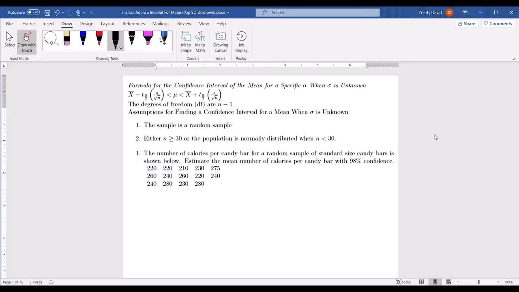Now number 1 says the number of calories per candy bar for a random sample of standard size candy bars is given. Estimate the mean number of calories per candy bar with 98% confidence.